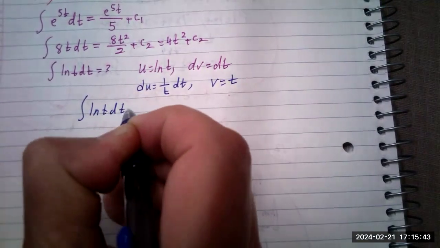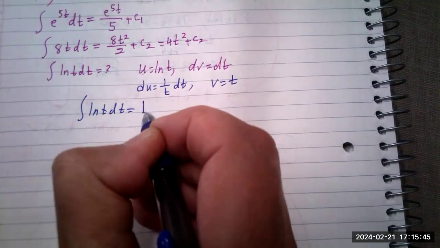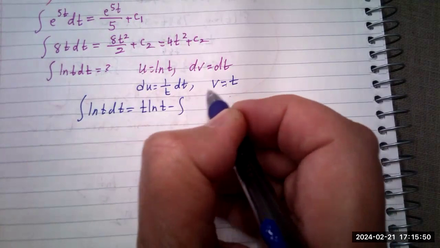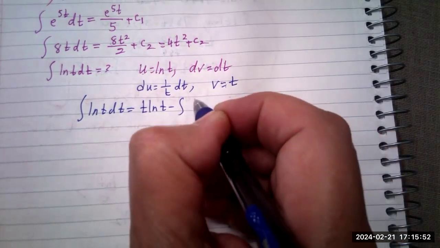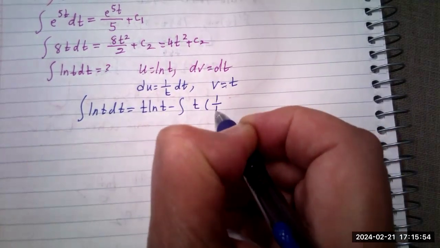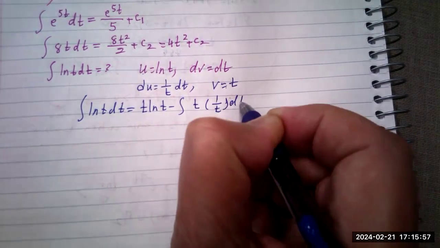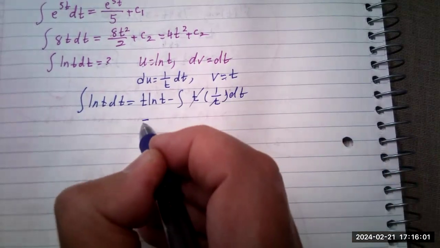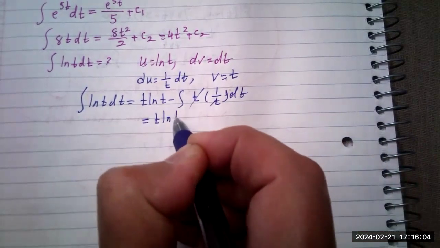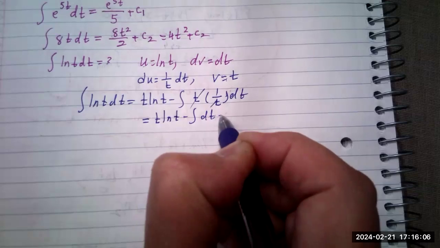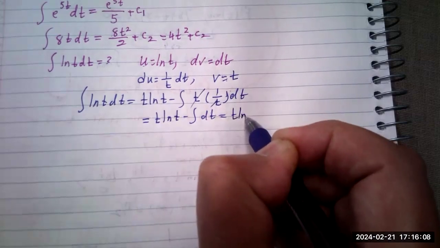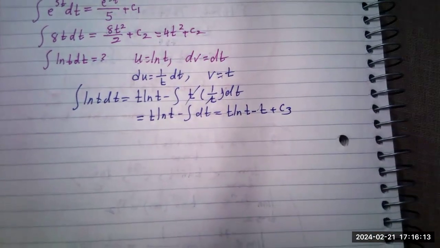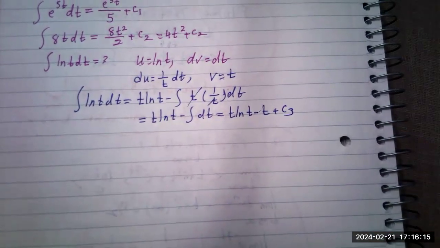The integral of ln t dt is u times v, t ln t, minus the integral of v du. v is t, and du is 1 over t dt. So these two will cancel out. You get the integral of 1 dt, so t ln t minus t plus C3.